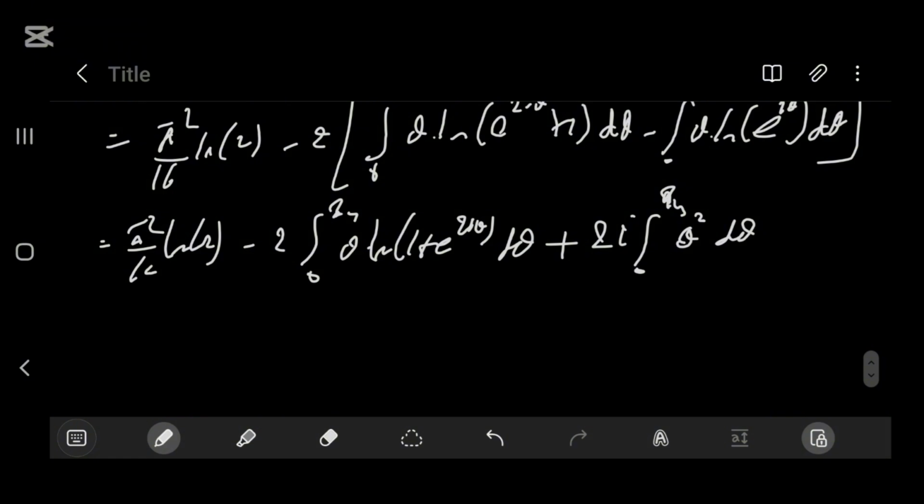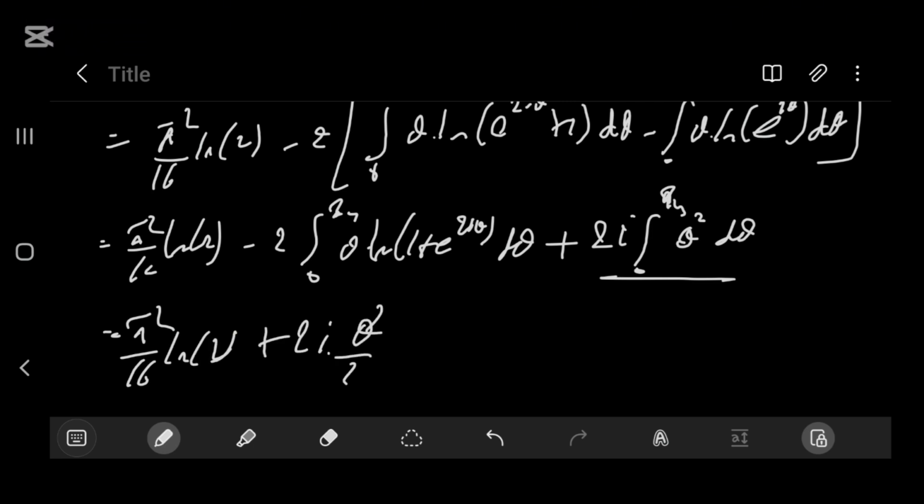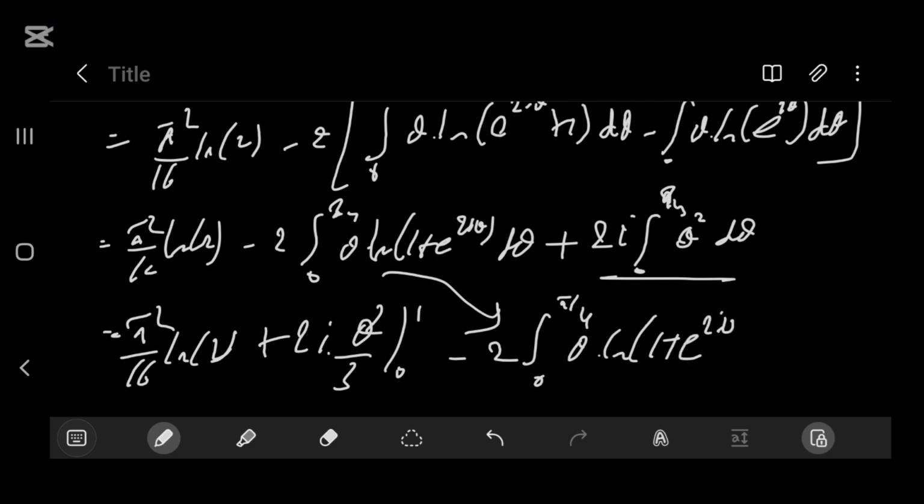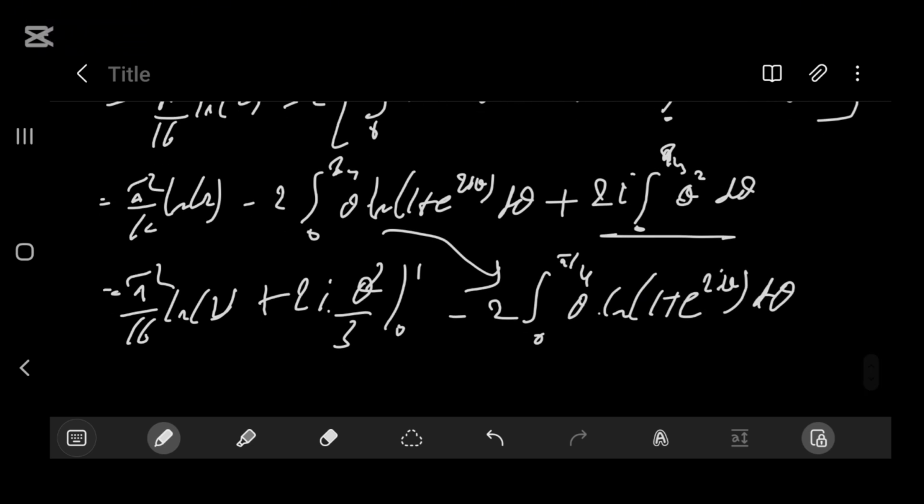Well, now let's solve this part. We get pi squared over 16 ln 2 plus 2i times theta cubed over 3 from 0 to pi by 4, and this integral will be here, which is the integral from 0 to pi by 4 of theta times (1 plus e to the 2i theta) d theta.